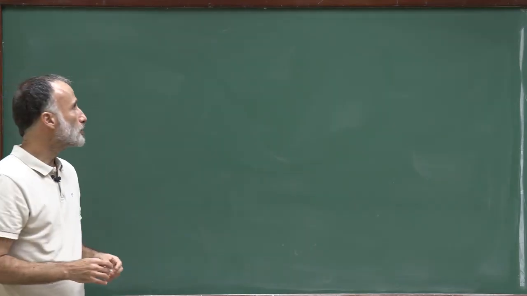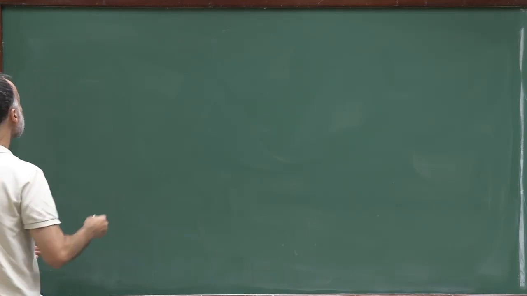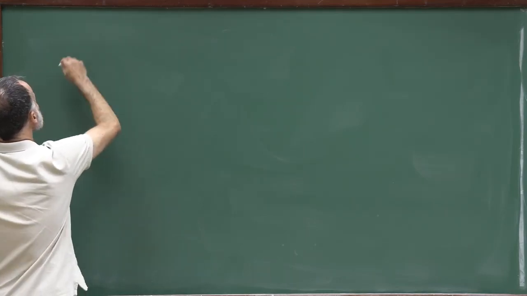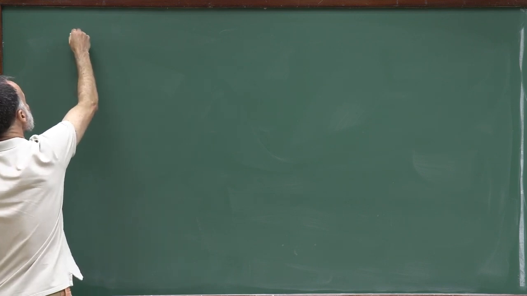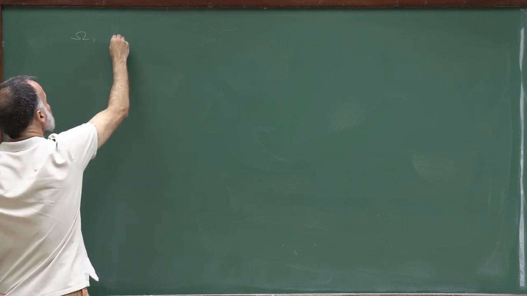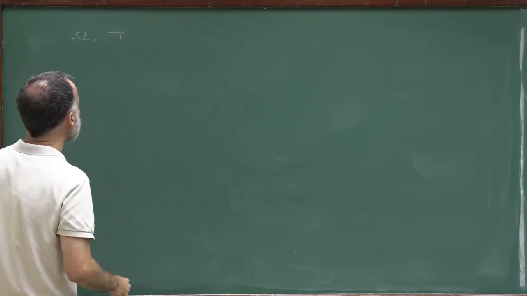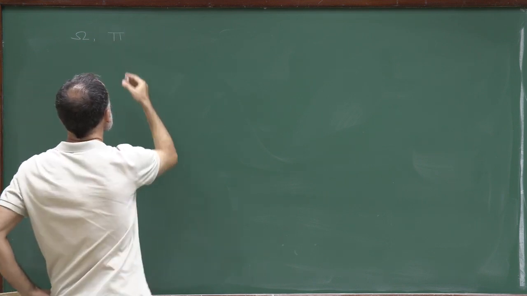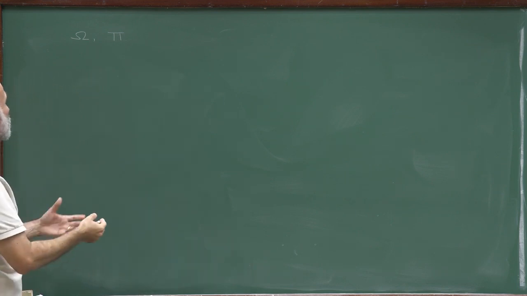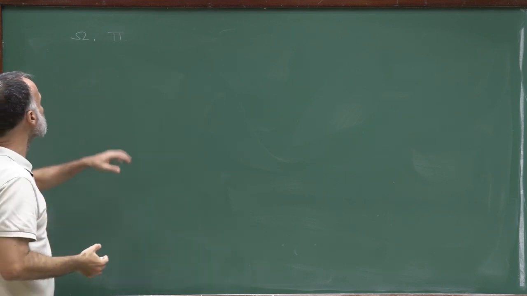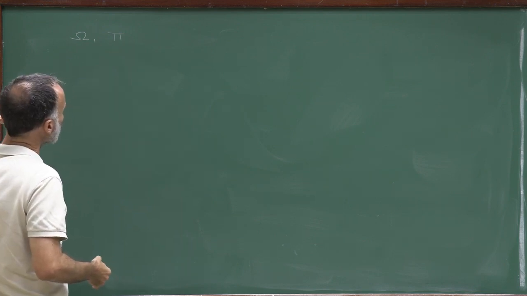So let me return to the original problem. The original problem was that we had a certain space, omega. We had a probability measure pi on this space, and we wanted to simulate this measure. So we want to find random variables whose distribution is given by pi.